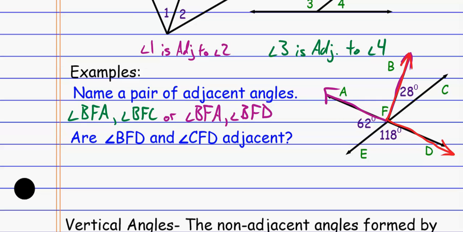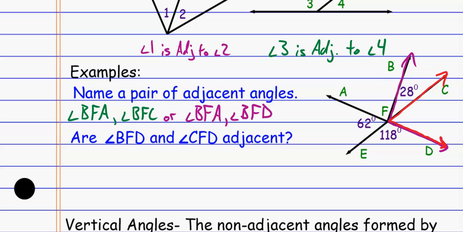Looking at the next one, it's asking, is BFD adjacent to CFD? This is where students tend to get a little bit confused. So let me trace each of these. Here's BFD. That's this angle that I just traced in purple. And then CFD, I'll trace that one in red.